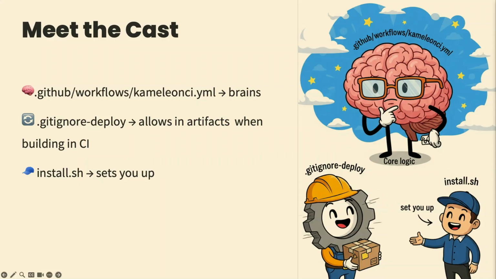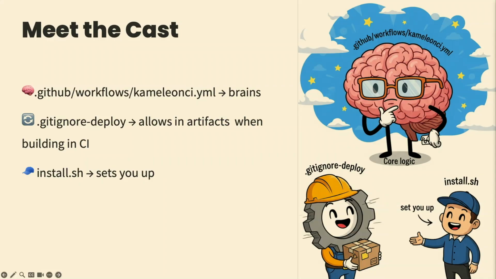Chameleon CI.yaml is the brains of the operation. The workflow itself, it handles detection, builds, deploys, branch logic, multi-devs, all of it. And you may not need gitignore.deploy unless you're doing builds in GitHub, but it's not your dev gitignore, it's your CI gitignore that swaps in only if you're generating artifacts that are normally gitignored.